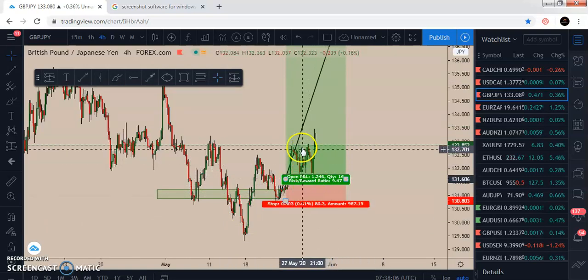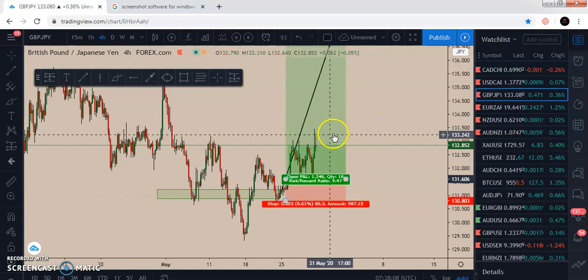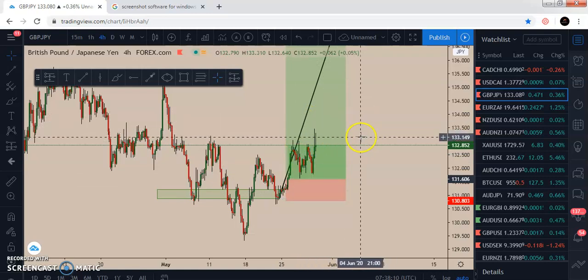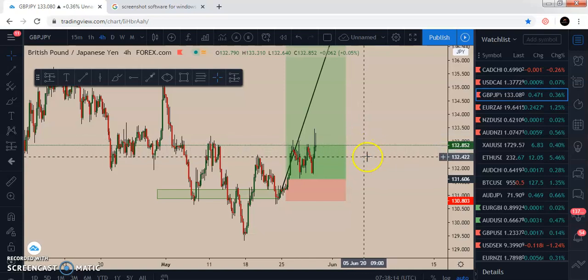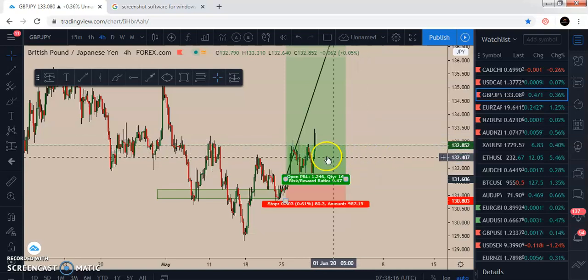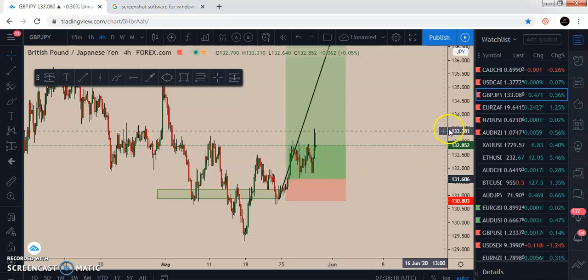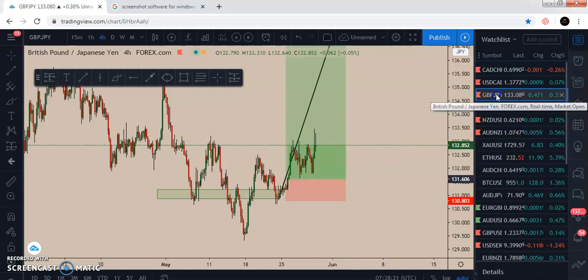That means we are risking 1% to get 9.47. So this pair triggered our entry during the week because our entry rule was satisfied, and as you can see, it's already running risk free. So we're going to move all our running trades to this area.